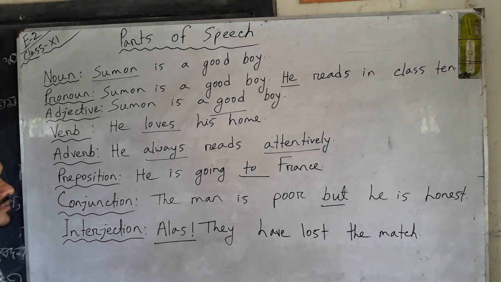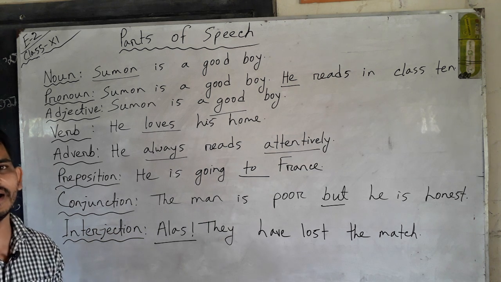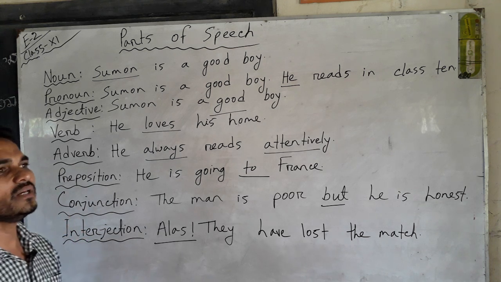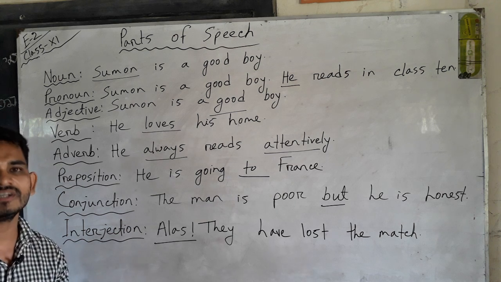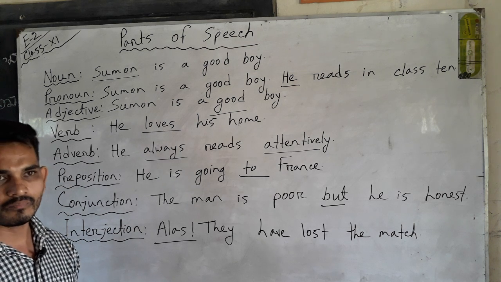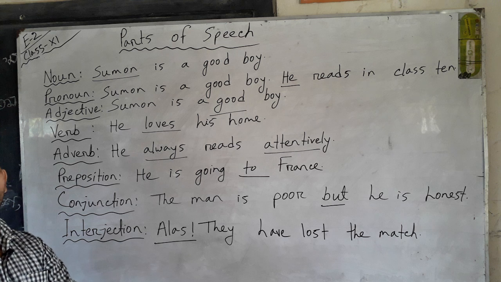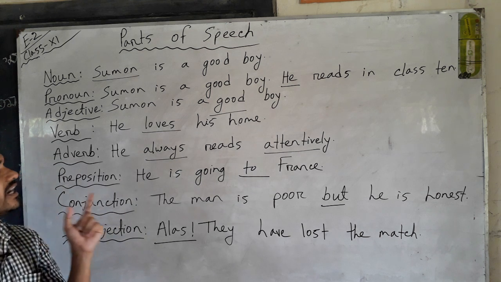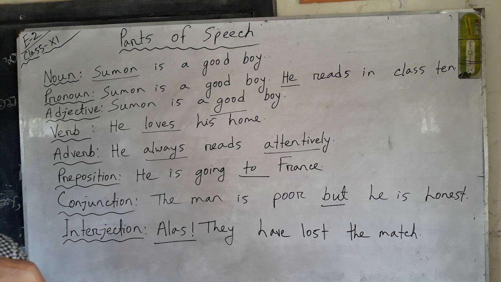Okay, dear learners, then comes verb. In a sentence, a verb shows an action, and the verb is also considered the heart of a sentence in the English language. Okay, here I gave an example. He loves his home.